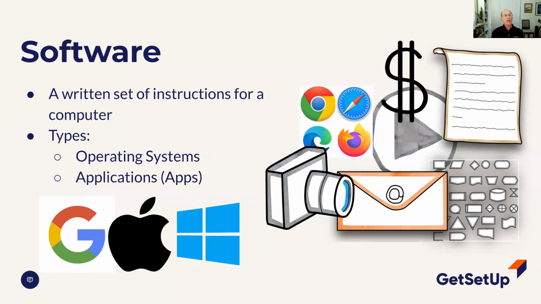So the application is the tool you use to accomplish something with your computer. And that's what makes computers useful for people. And there are thousands and thousands of applications that can do all kinds of things.